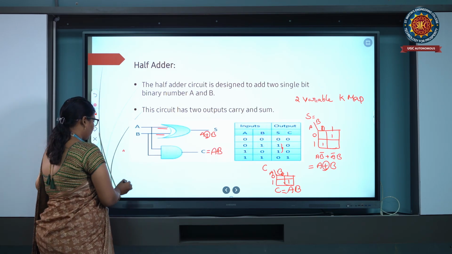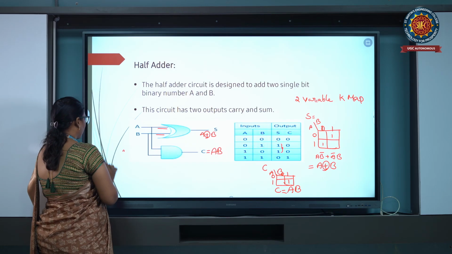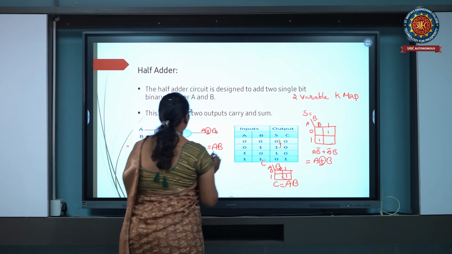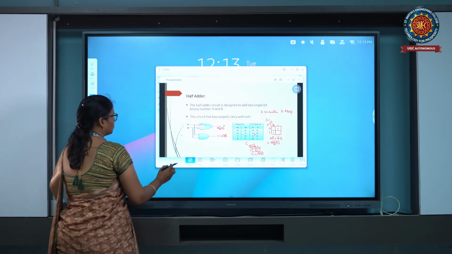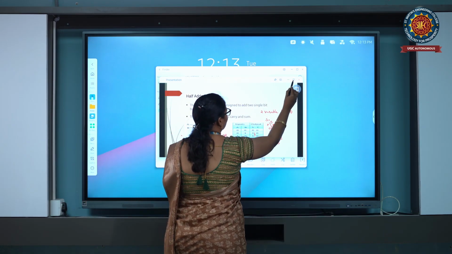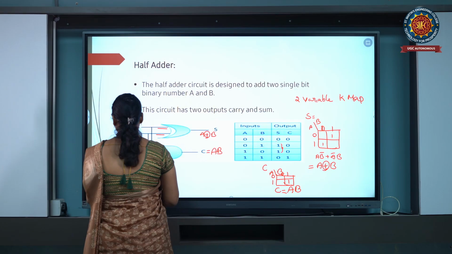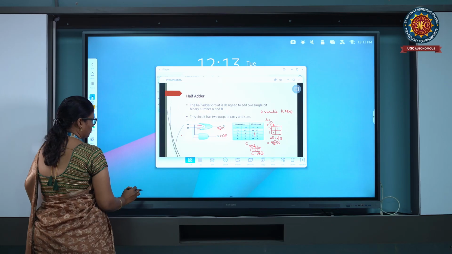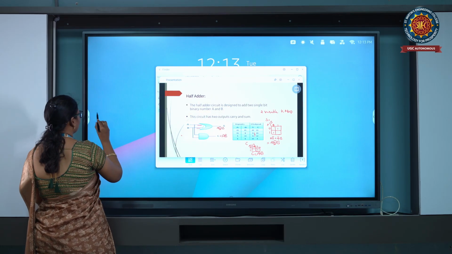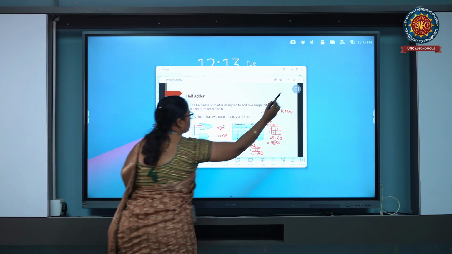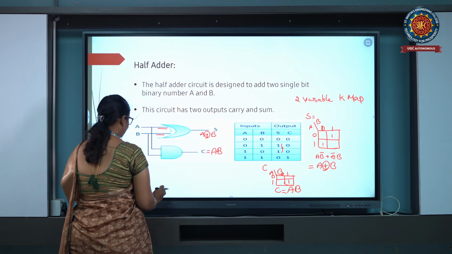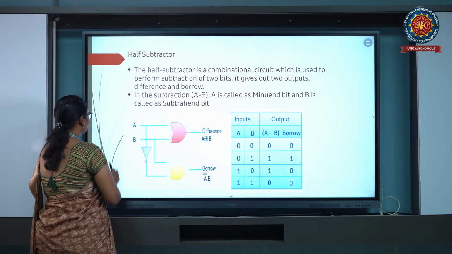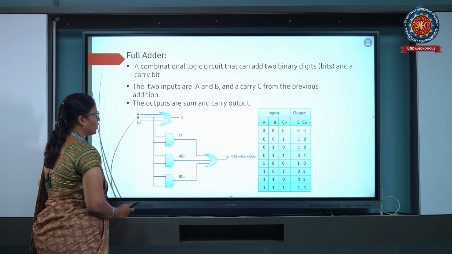Next, going to full adder. Going to full adder circuit.